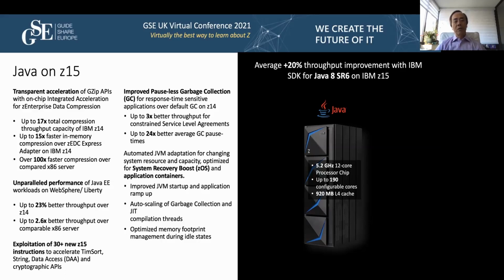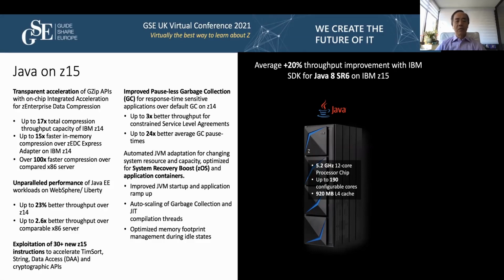And on Z14, we have a new facility that allows the implementation of pauseless garbage collection to improve the garbage collection time, because one of the biggest challenges for Java applications is when the garbage collector kicks in, you never know how long it's going to take to finish the job.